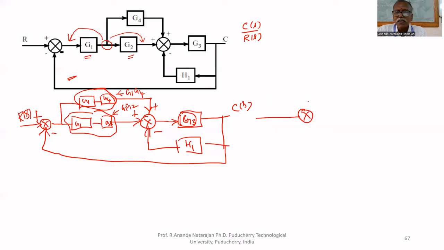In this diagram itself, we could have done like that. This is G1, G4. Here, G1, G2.